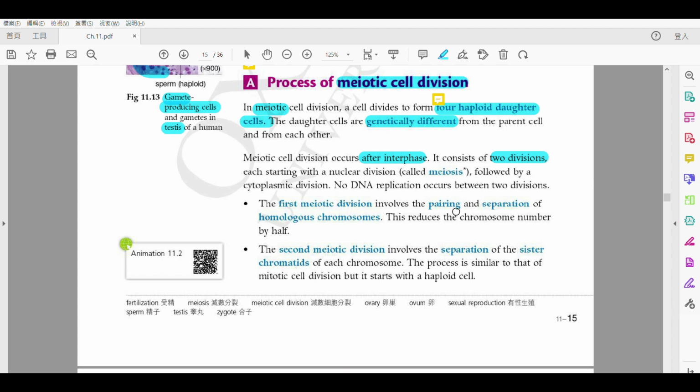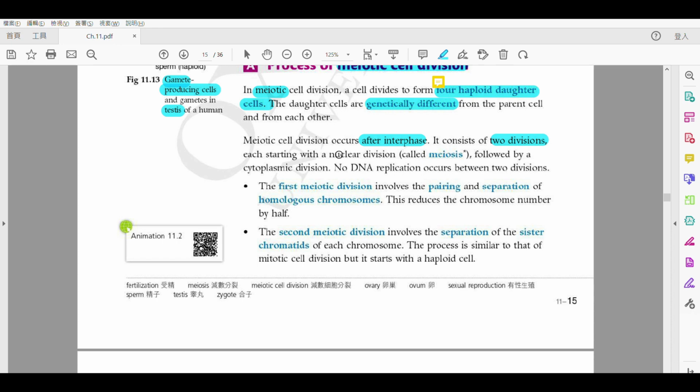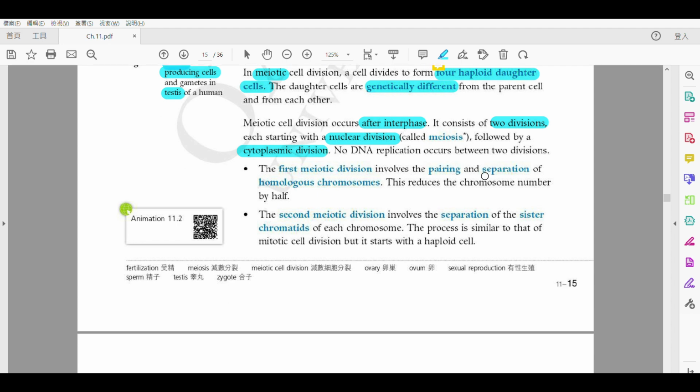Okay, so of course, since there are 2 divisions, there are also 2 nuclear divisions and 2 cytoplasmic divisions. Alright, and then remember there is no more DNA replication.